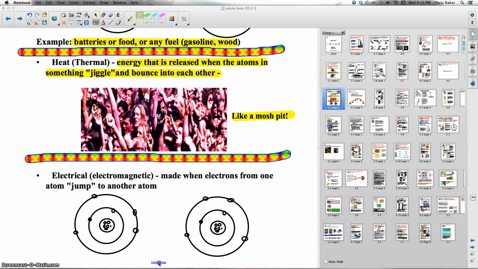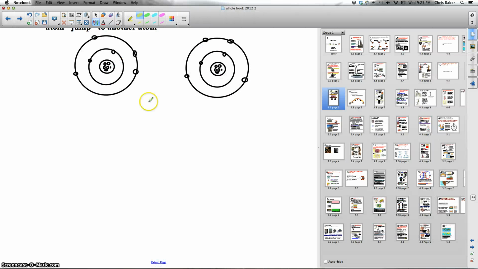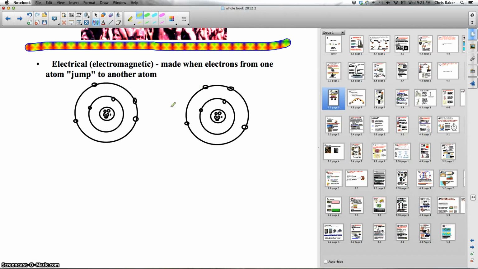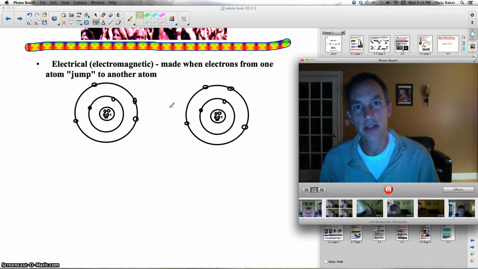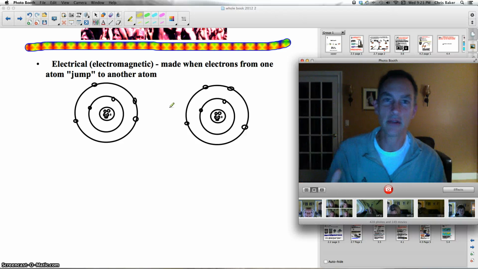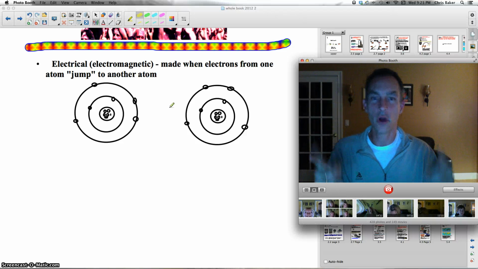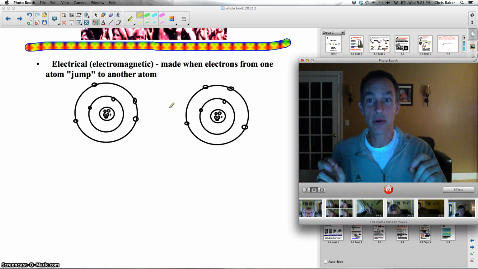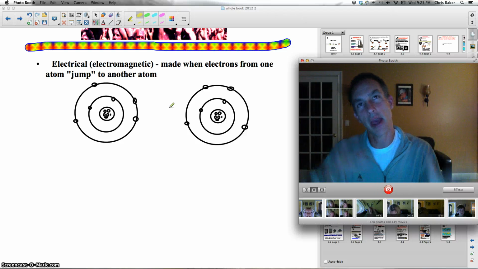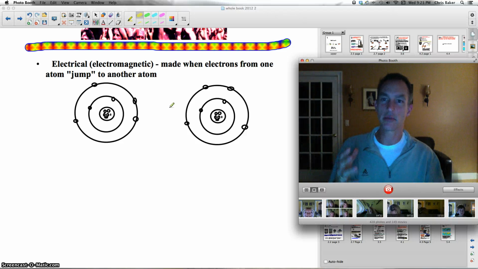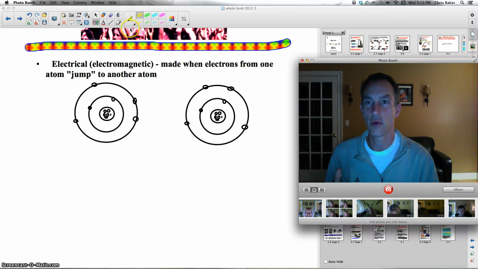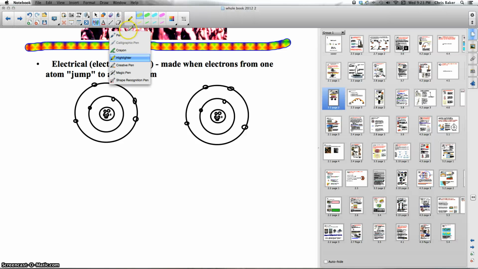Electrical energy. Also known as electromagnetic energy. It's made when electrons from one atom jump to another atom. Remember way back, 10 minutes ago, when I talked about light. Light energy was made when electrons jumped within an atom, just like this.